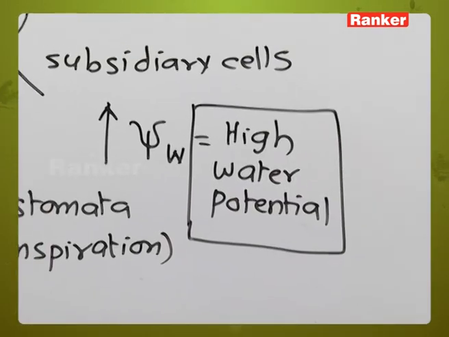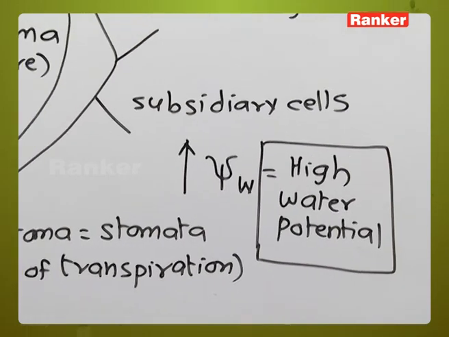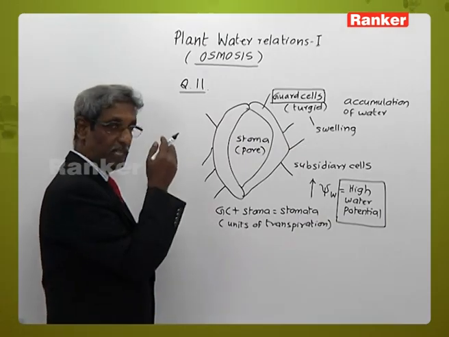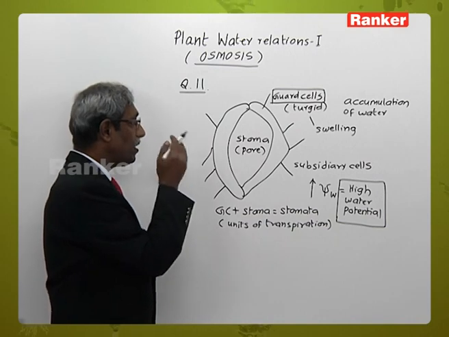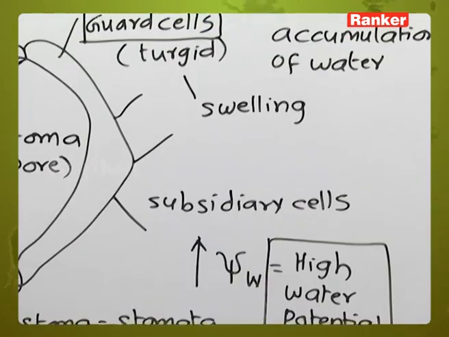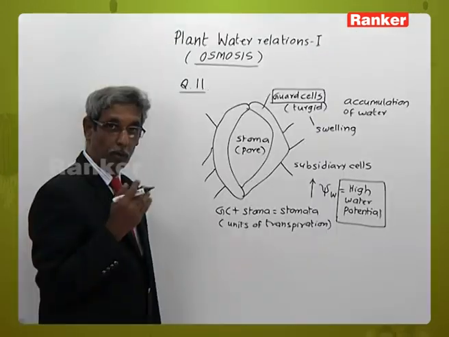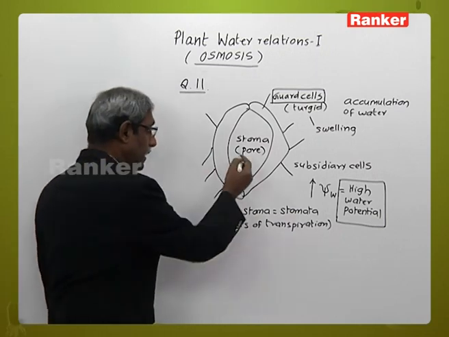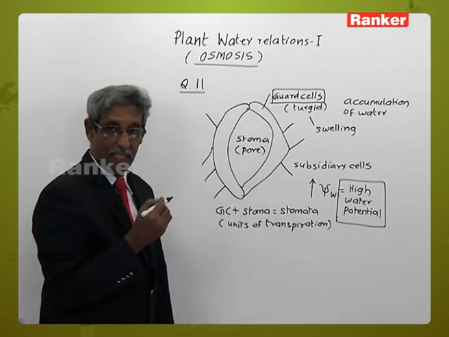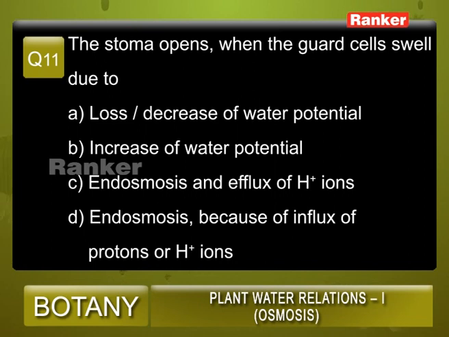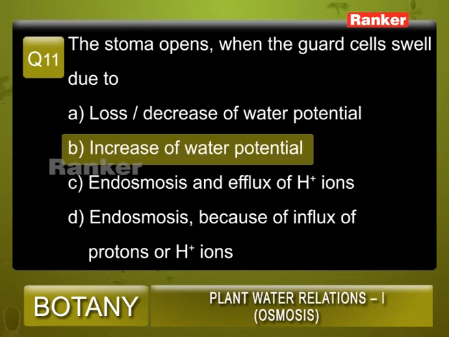High water potential in guard cells is due to the accumulation of water, which leads to turgidity, and turgidity of the guard cells in turn determines how the stoma pore can open or close. So, the opening of the stoma is attributed to the guard cells. Hence, among the choices, the right answer is B.